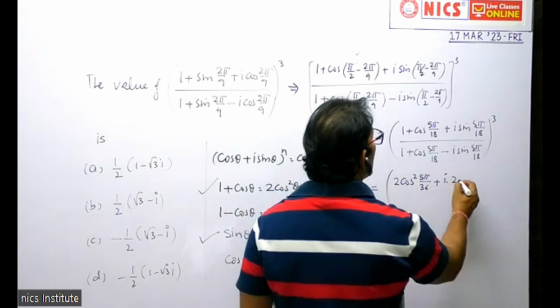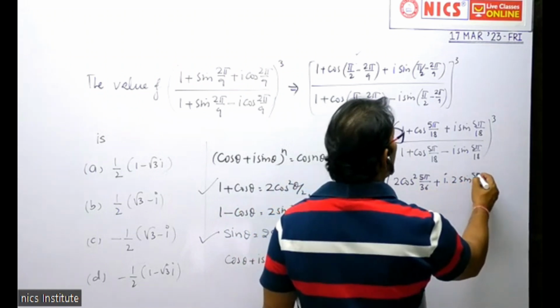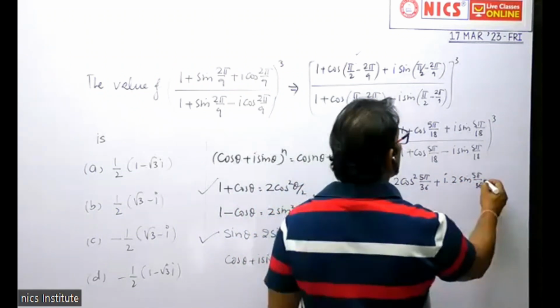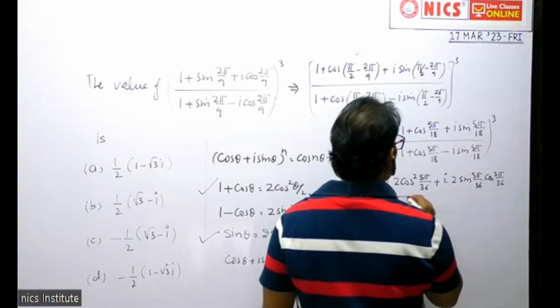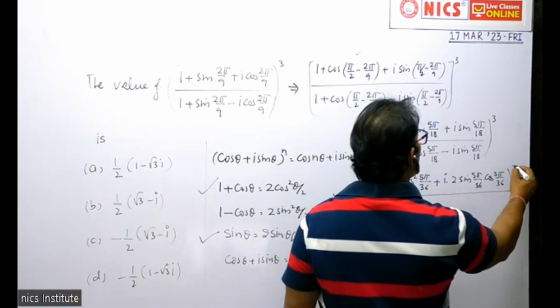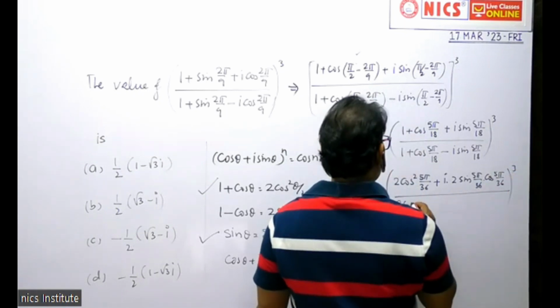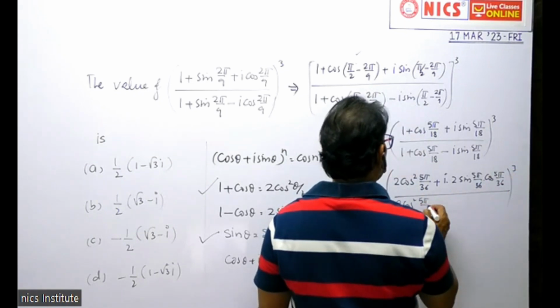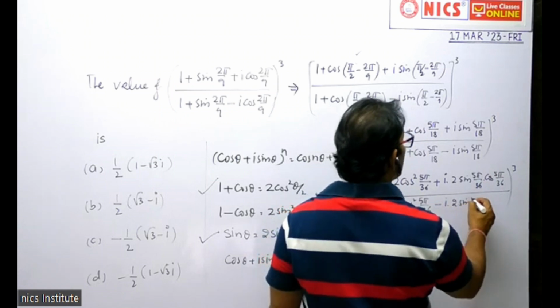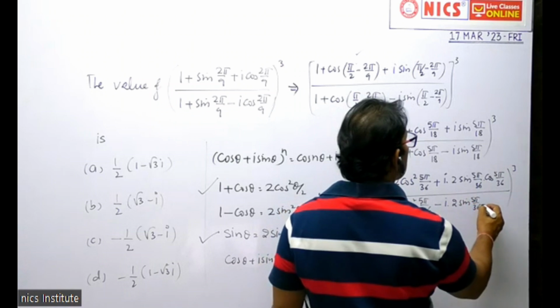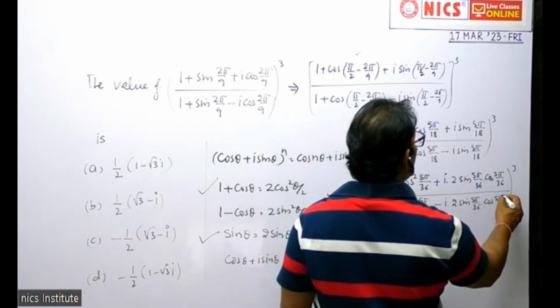This would be plus iota 2 sin 5 pi by 36 cos 5 pi by 36. In the denominator, 2 cos square 5 pi by 36. This would be minus 2 sin 5 pi by 36 cos 5 pi by 36.